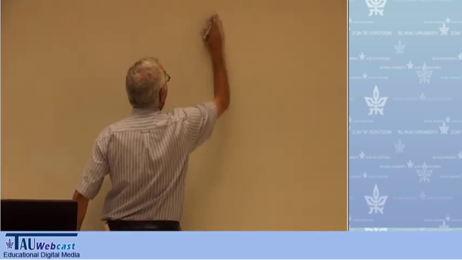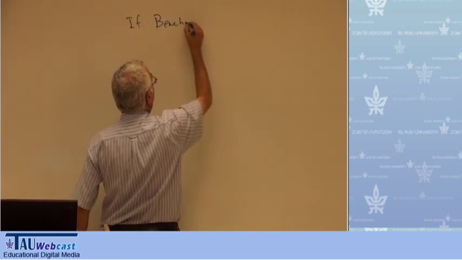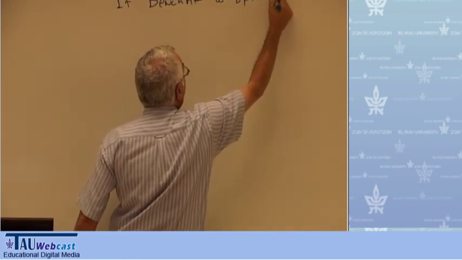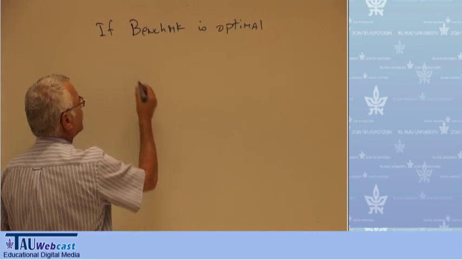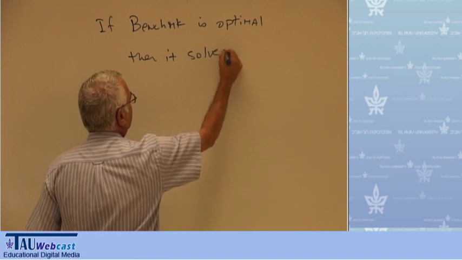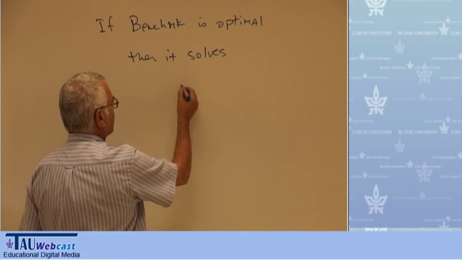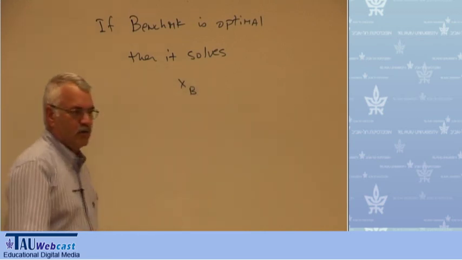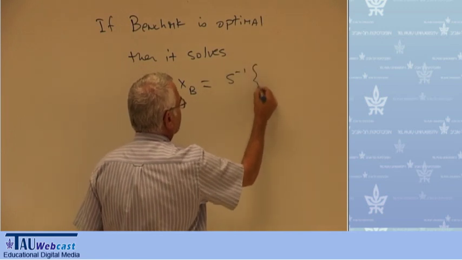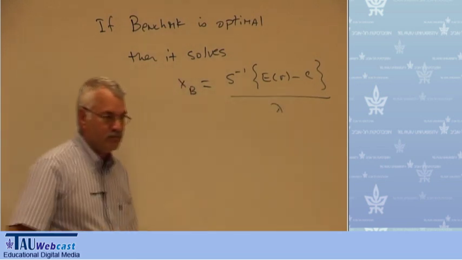What I know is, if the benchmark is optimal, or on the frontier, then it solves this equation that we've been talking about for 2 weeks. The benchmark proportions equal S inverse times expected returns minus C, divided by lambda.